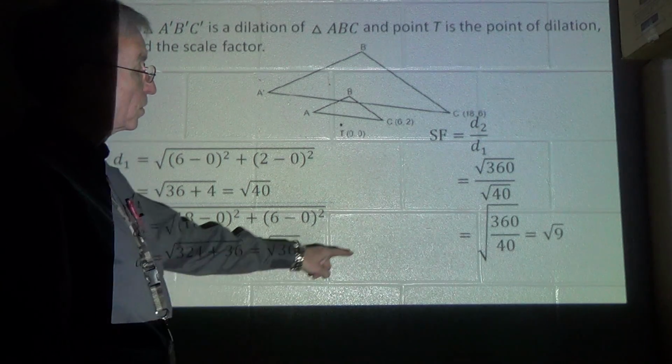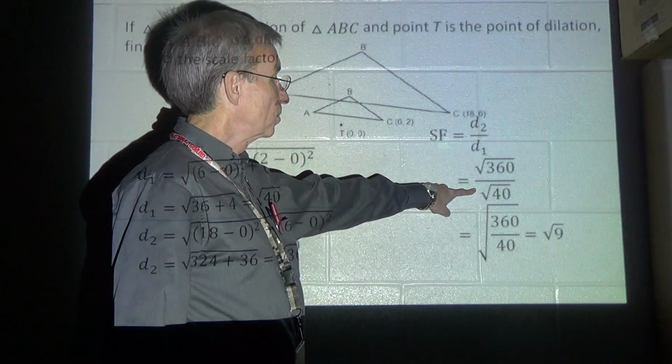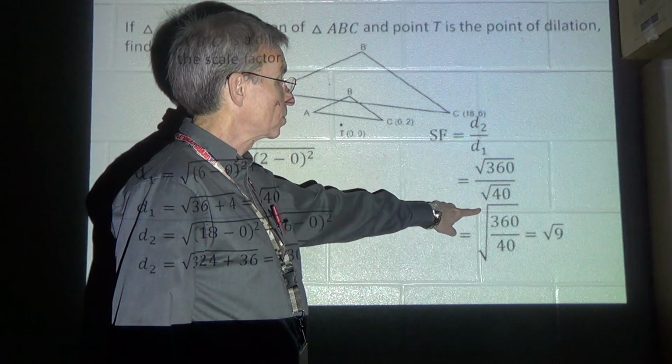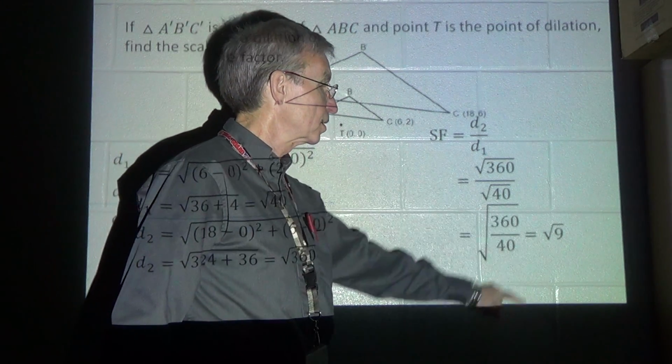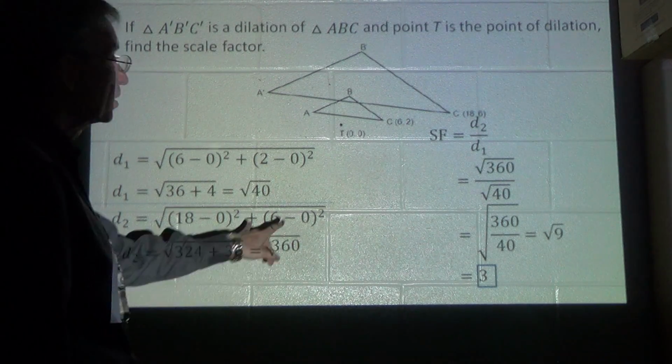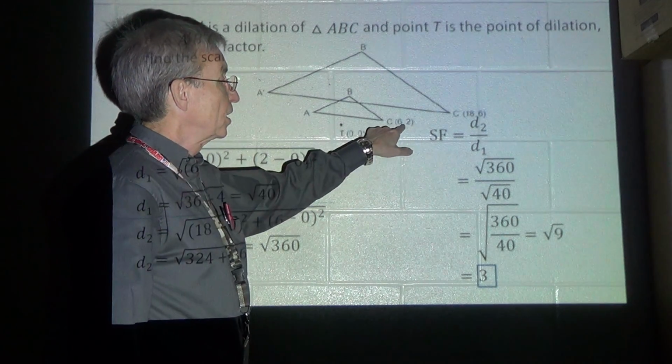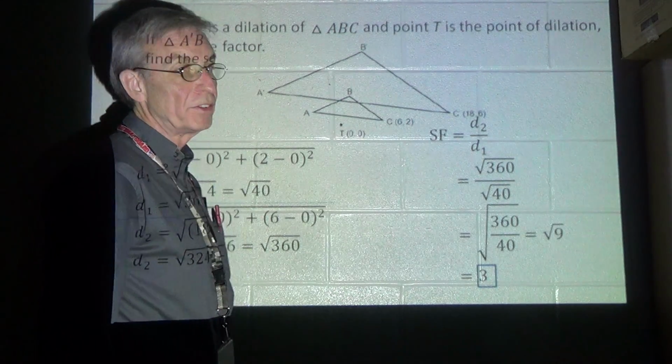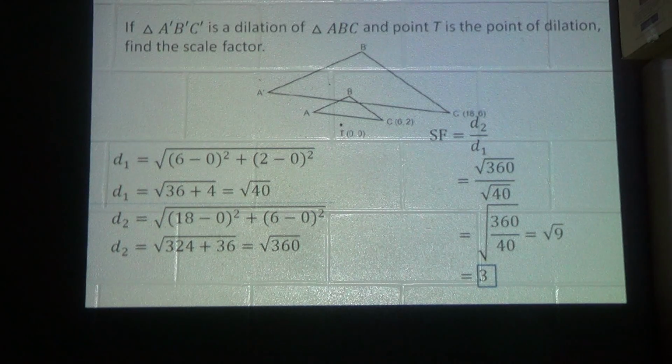If we put the square root of 360 over the square root of 40, that gives us the square root of 9, which reduces to 3. Like I said earlier, if this is 0, 0, you can just simply compare the vertices' coordinates and see what the distance is. If you notice here, that corresponded with the scale factor 3 that we just found.